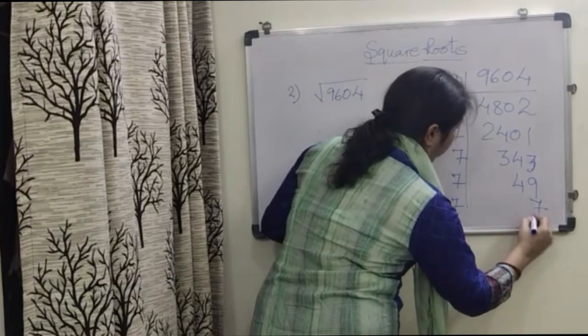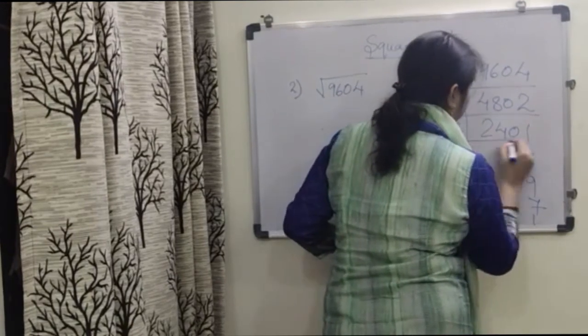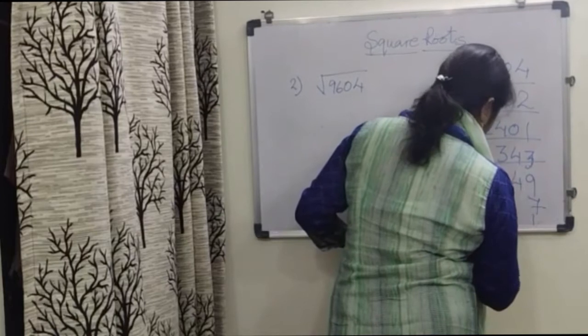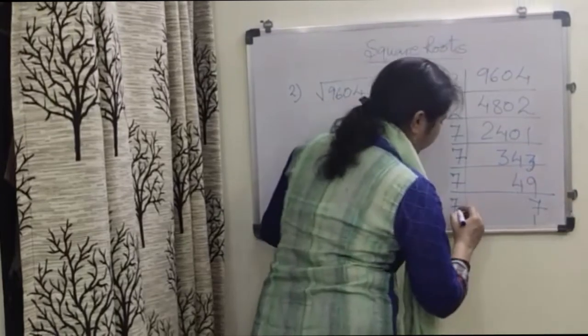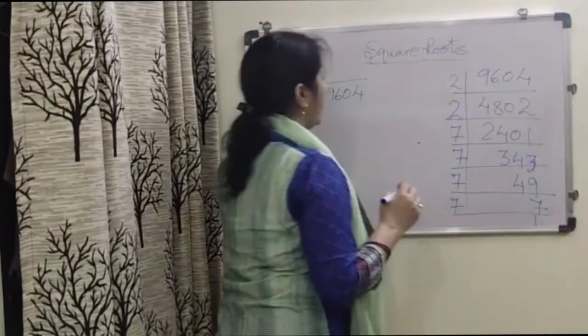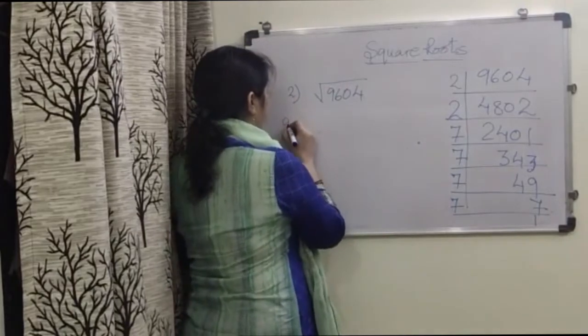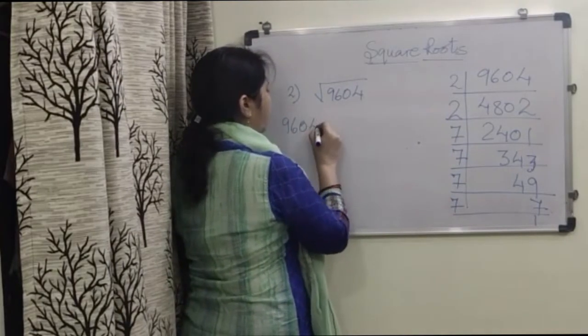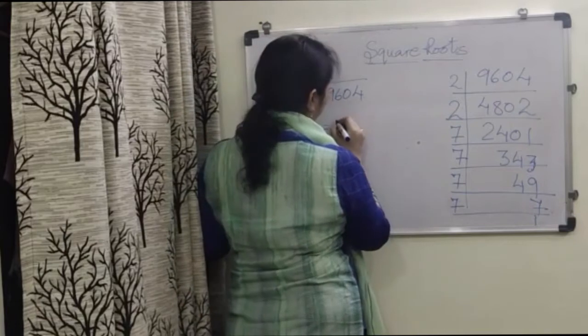Here is the prime factorization of 9604. Now let us express this number 9604 as the product of its prime factors.